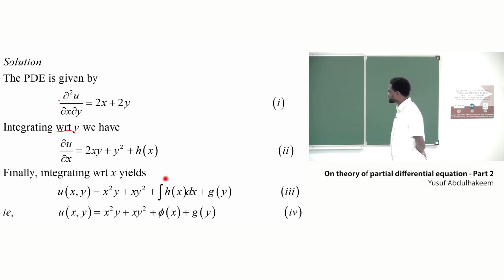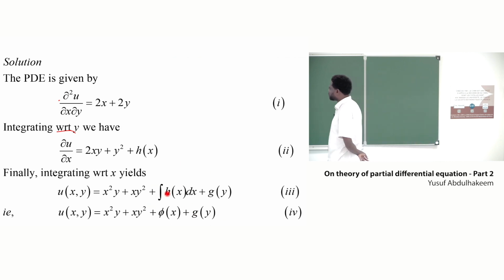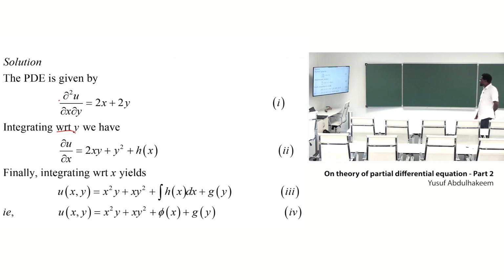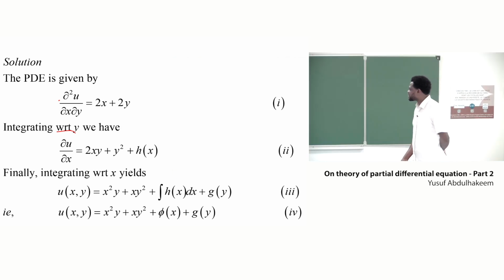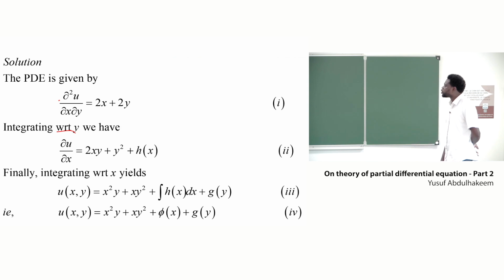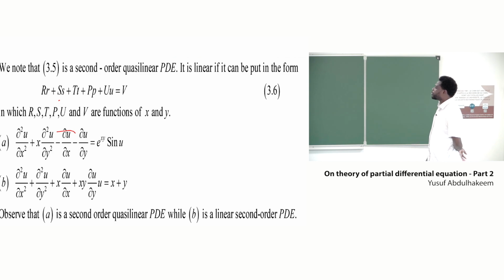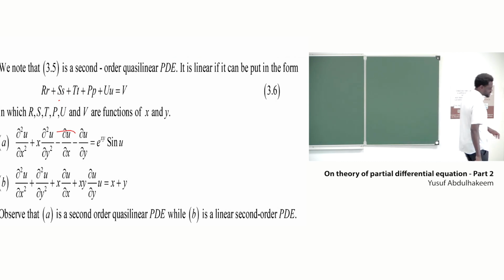That is, we need additional information to be able to obtain these two functions. But for now, as it is given, this is what is required. So we note that 3.5 is a second order quasi-linear PDE, and it is linear if it can be put in this form. Of course, we discussed what a quasi-linear is yesterday.